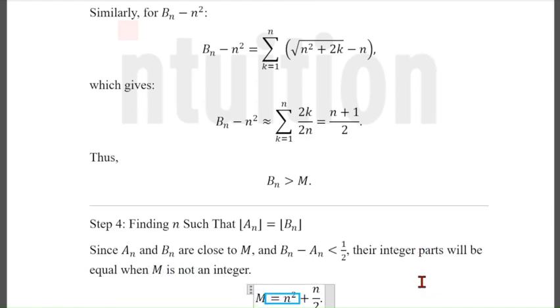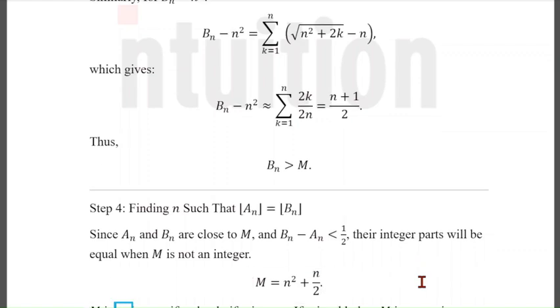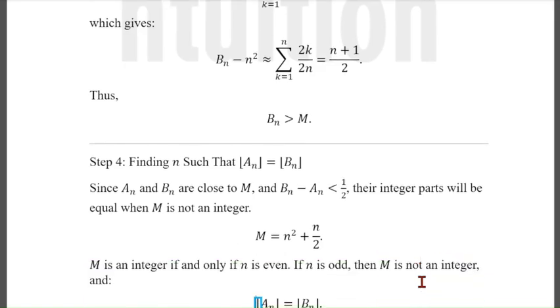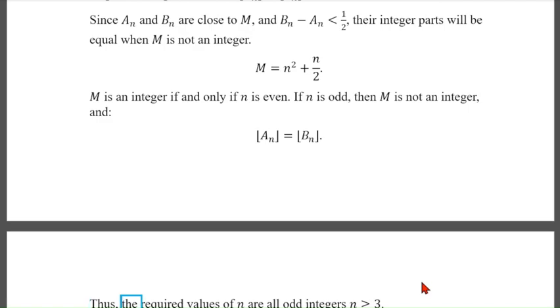M equals n² plus n/2. M is an integer if and only if n is even. If n is odd, then M is not an integer, and ⌊A_n⌋ equals ⌊B_n⌋. Thus, the required values of n are all odd integers greater than or equal to 3.